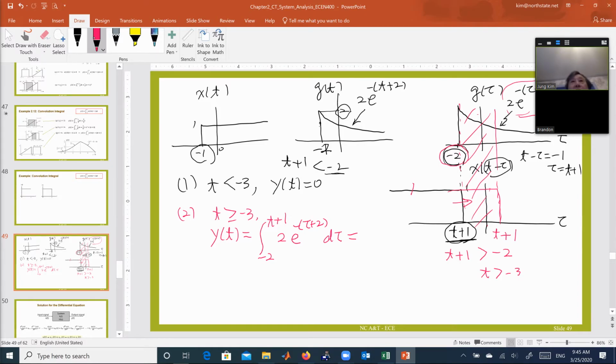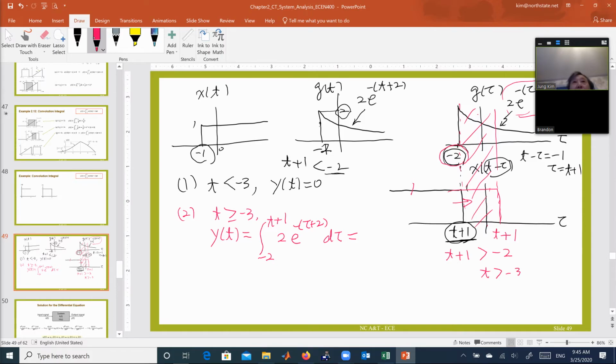You can use a calculator to take the integration of this. t is a constant in the tau domain. In the calculator you don't have tau, so just use x and t.